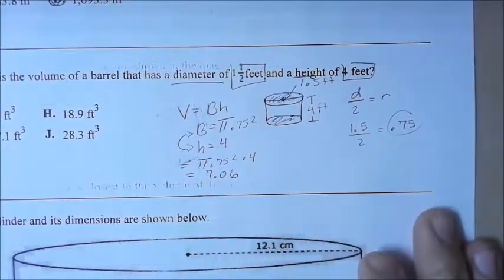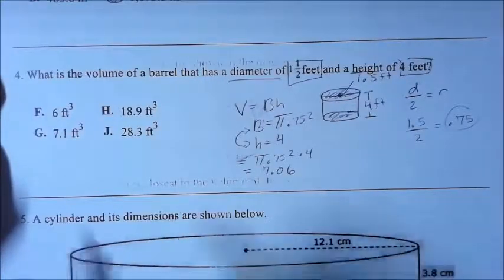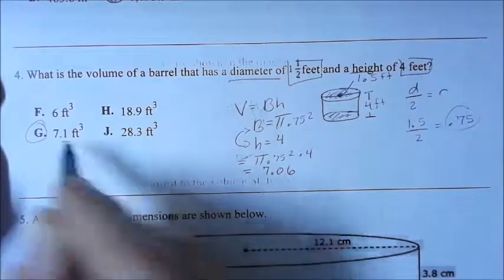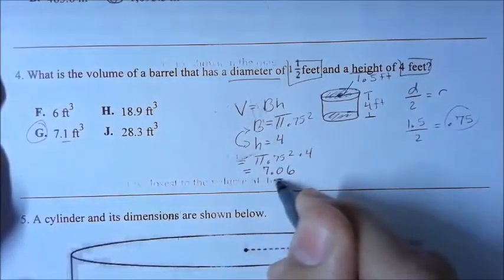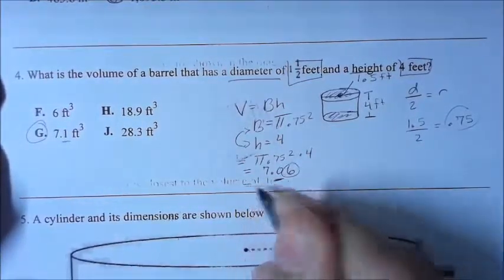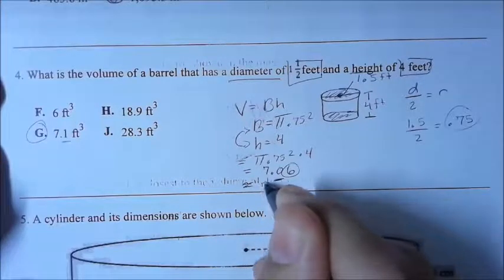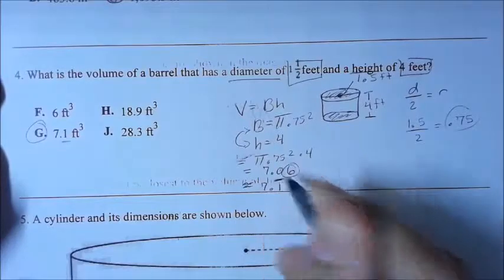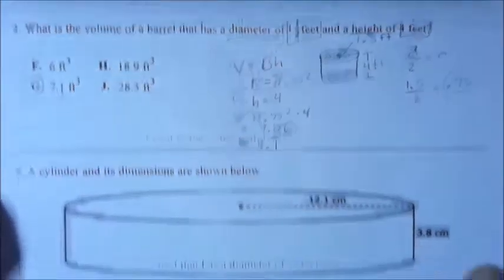Let's see what number is closest to that. Notice that they round it to the tenths place. So the answer is G. Notice it's 7.1. If we round to the tenths place, we'd have approximately 7.1, because since this is 6, it means we move this up. And let's go to the last problem.